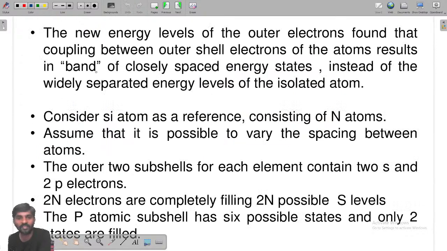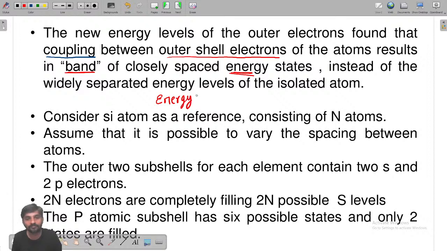Now what are the new energy levels of the outer electrons? The coupling between the outer shell electrons of the atoms results in something called a band of closely placed energy states. This is called an energy band, a new thing.